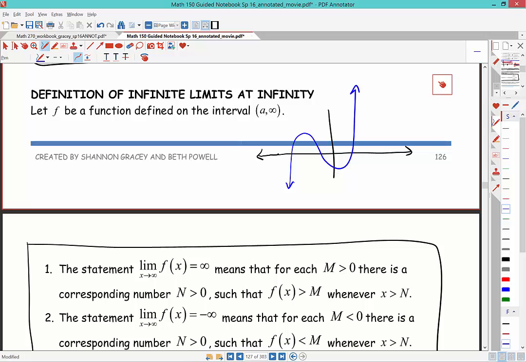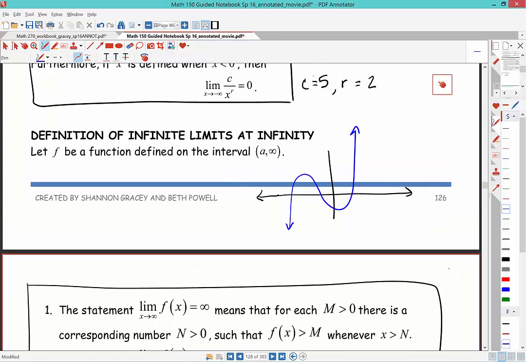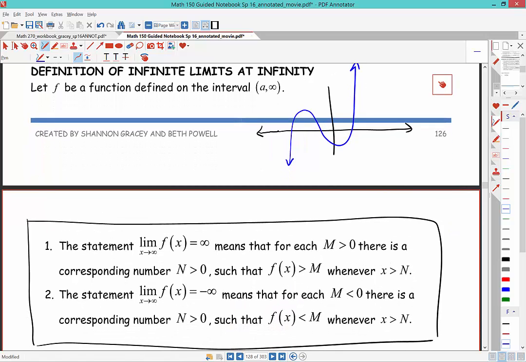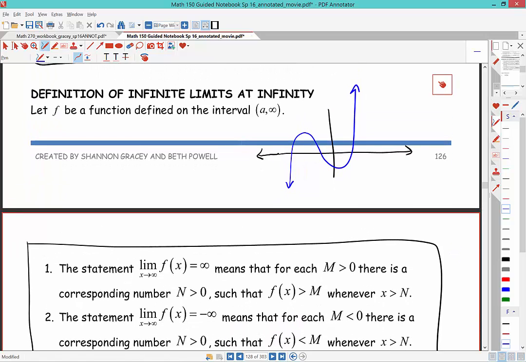right? If we look at x approaching infinity, what happens is that there's always some y value on the graph that is higher than some arbitrary value of m.